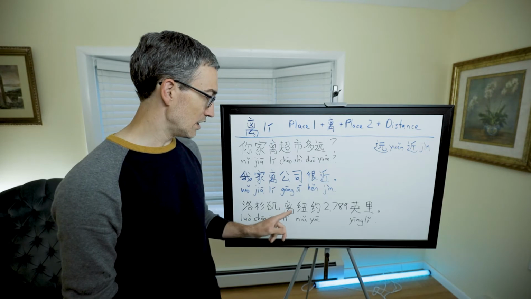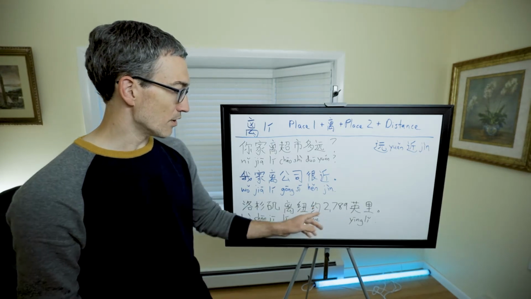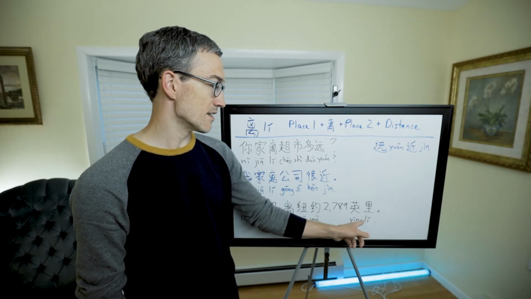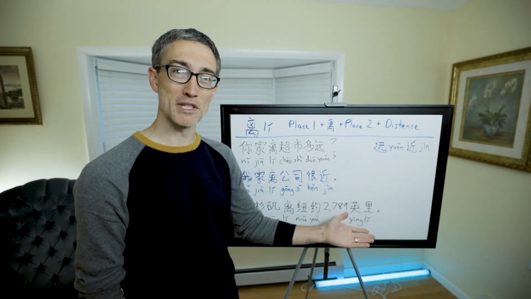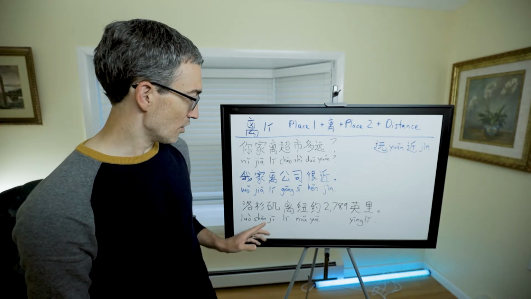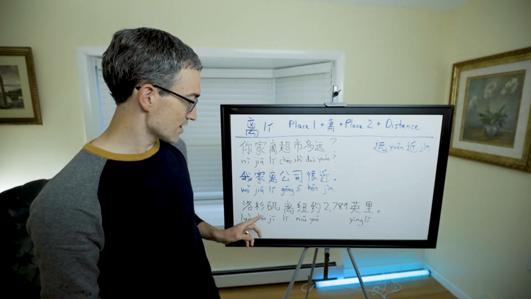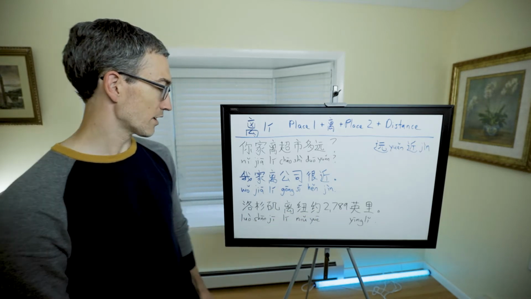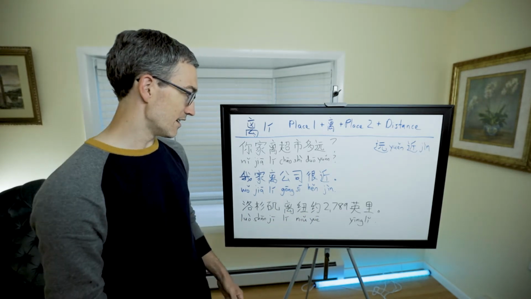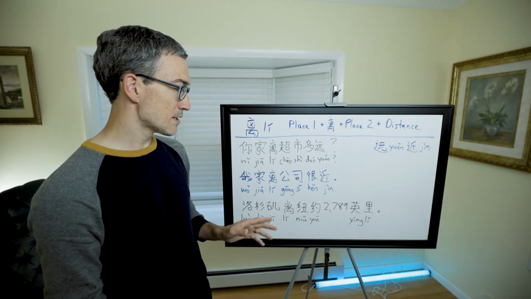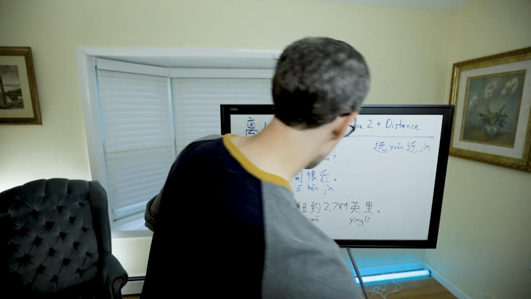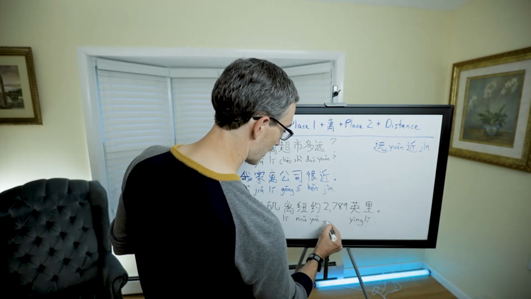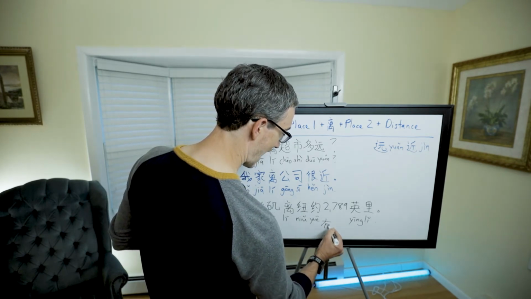洛杉矶离纽约, and here we have a number, 2789英里. 英里 is English li, which means mile. So Los Angeles is 2,789 miles from New York. And I want to point out too that some people like to put a little 有 right here, which means has.